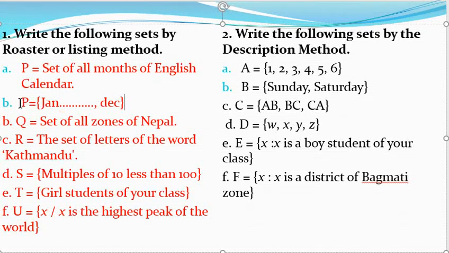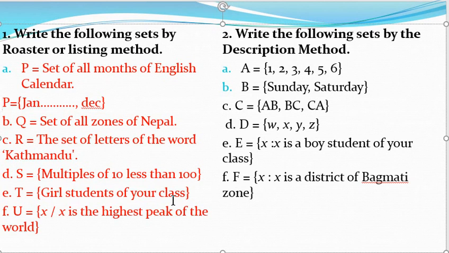From January to December you have to write the set in the listing method. Since it is saying the listing method, you have to write like this using commas. Now, set of all zones of Nepal. Can you name all zones of Nepal? Narayani zone, Sagarmatha zone, Bheri zone. So you can write the names of all zones of Nepal by the listing method using commas.